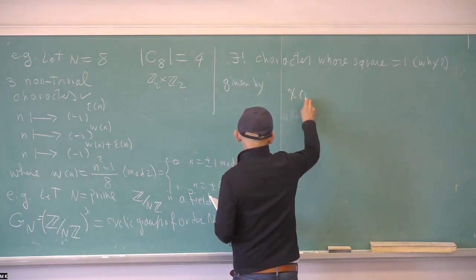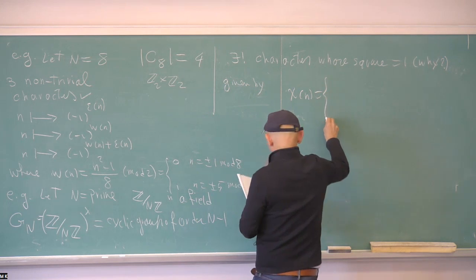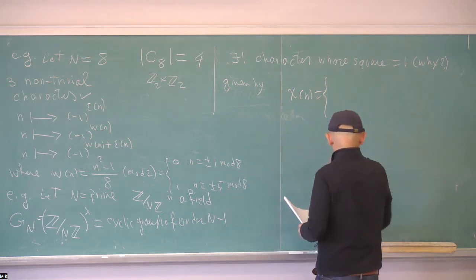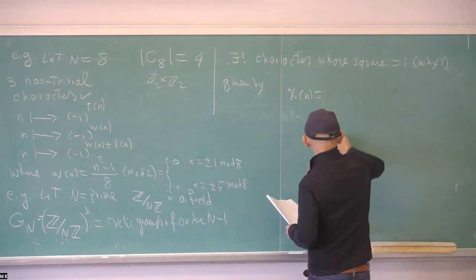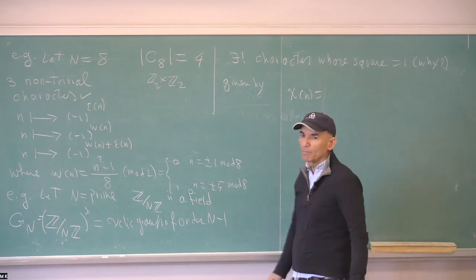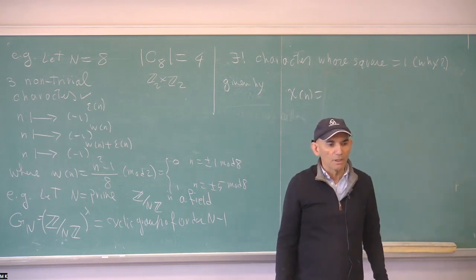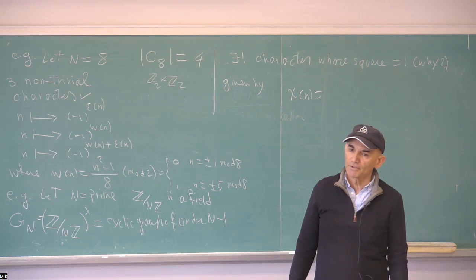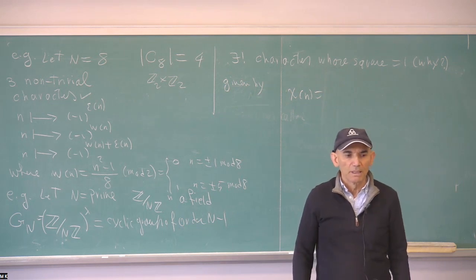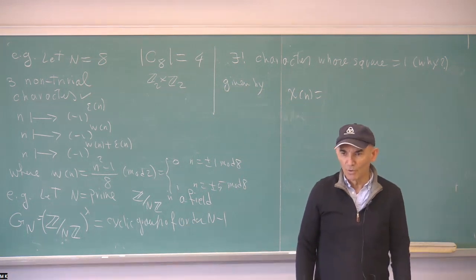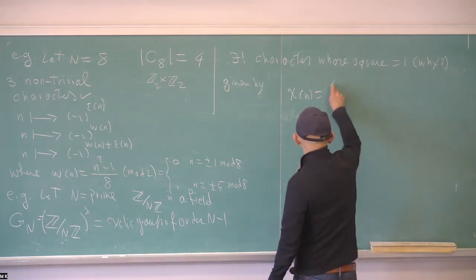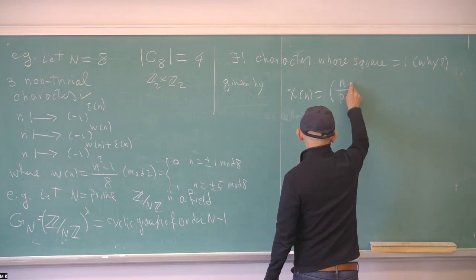chi of n is equal to, okay. So in terms of symbol, there's a famous symbol. You remember? Have you seen this symbol in number theory or elementary number theory? Maybe you have taken it. It's called the Legendre symbol. So this is (n over p).